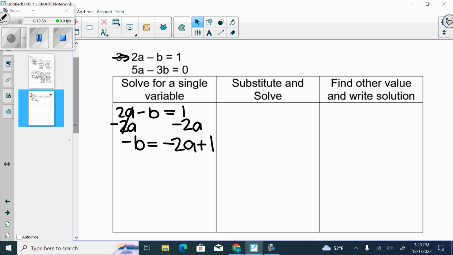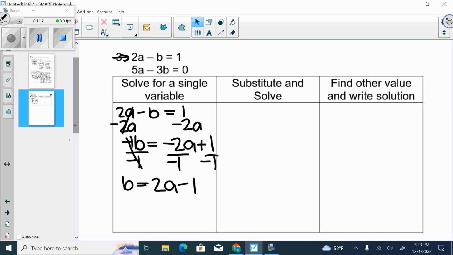Divide, right? There's a secret number out here, it's a 1, so I divide everything by negative 1 to fix it. So those will divide out, and I have b is equal to, what's negative 2 divided by negative 1? Positive 2. And what's positive 1 divided by negative 1? Negative 1.